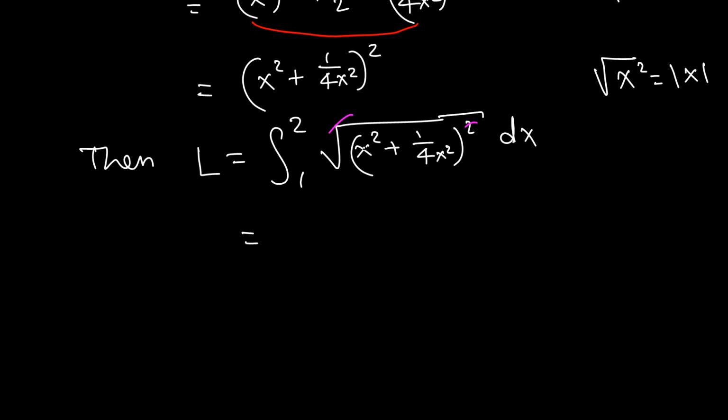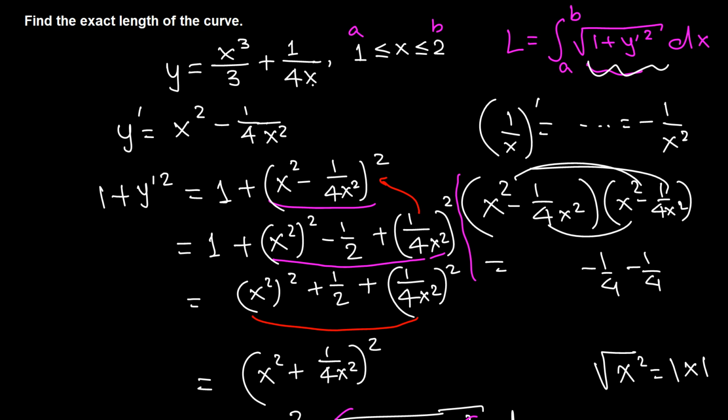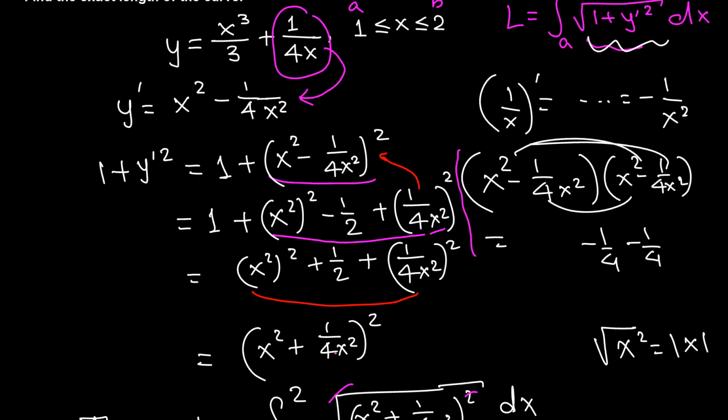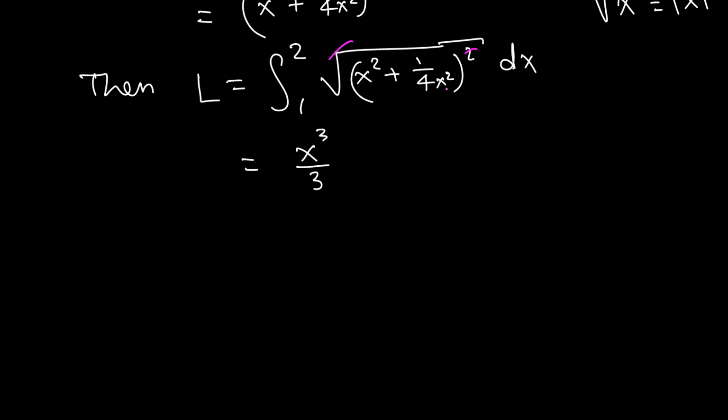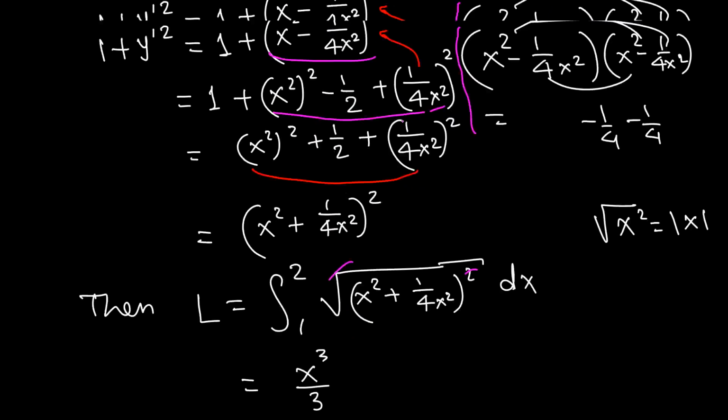Now let's integrate. When we integrate x squared, we get x cubed over 3, and then 1 over 4x squared. Again we can go back, look here. When we had 1 over 4x, the derivative was negative 1 over 4x squared. Now here we are doing the antiderivative, so that's like going backward again.